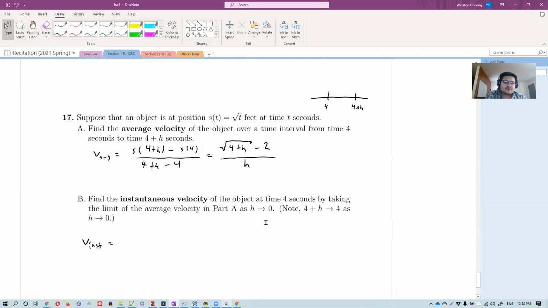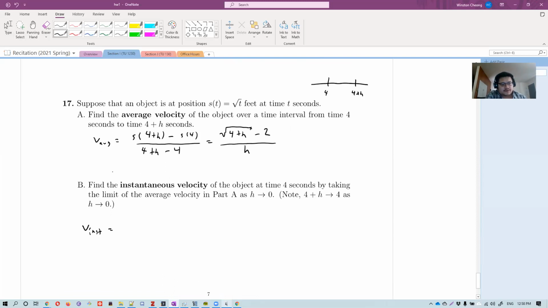We're taking the limit as h goes to 0. This is what we want to do to this expression. And I'm going to copy down what that expression actually simplifies to.